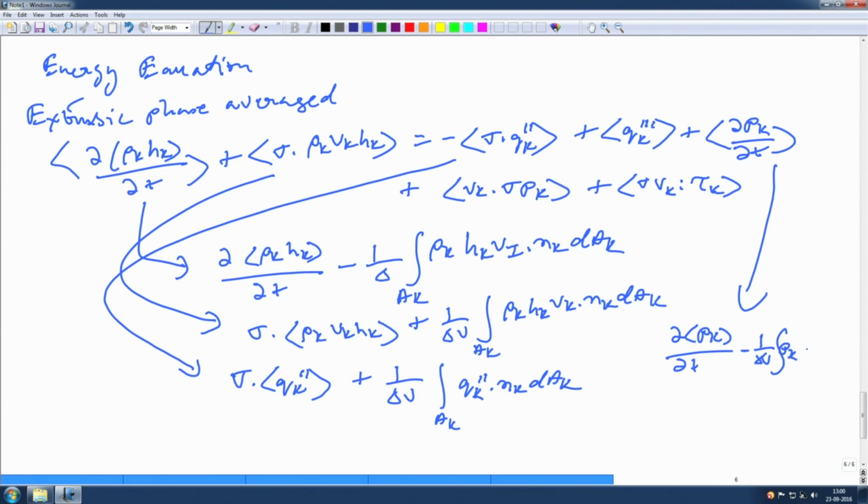I am not putting the ak always, because you know that it is taken with respect to the ak.